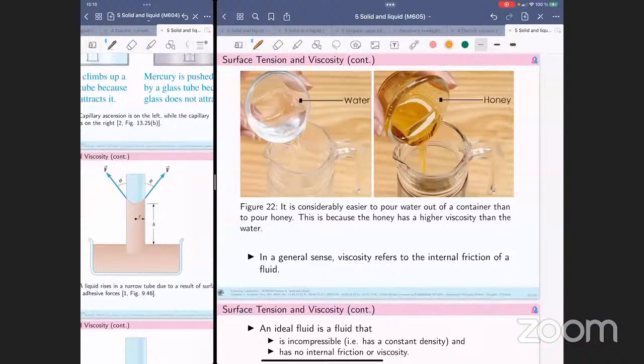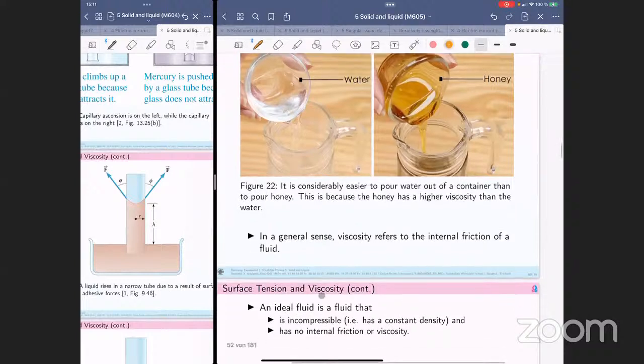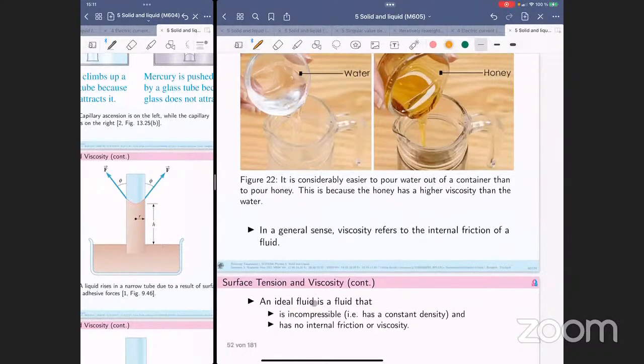You have seen how the viscosity is, right? In general sense, viscosity refers to the internal friction of a fluid. Okay, there is a friction inside that fluid. And before we go to the realistic case of the fluid, we would first talk about the ideal fluid.